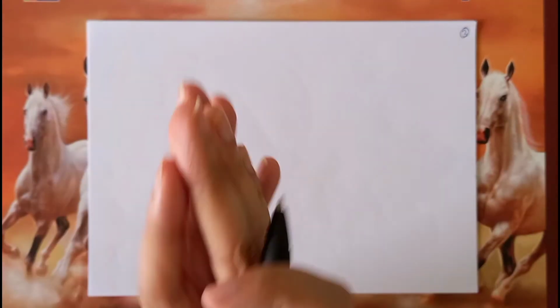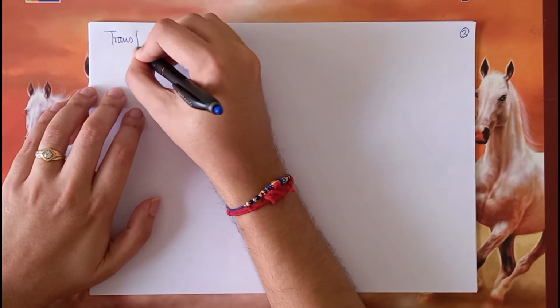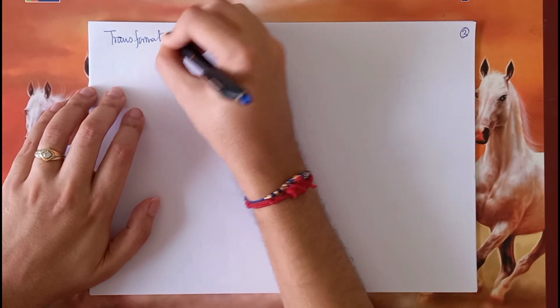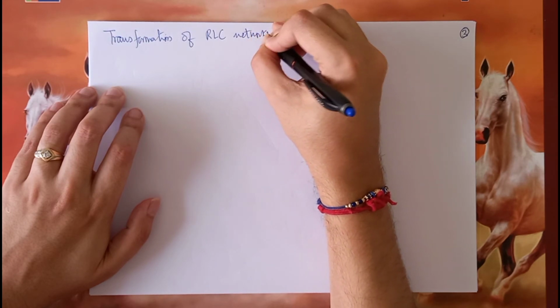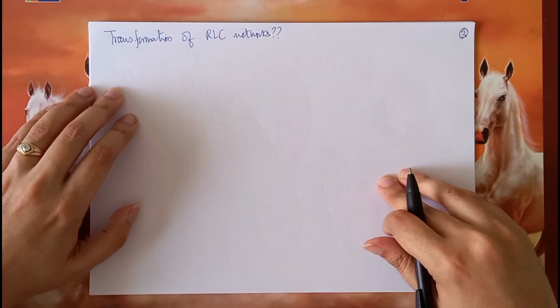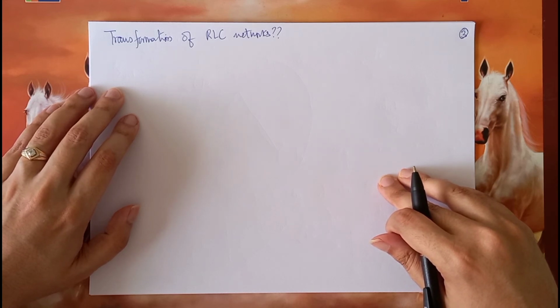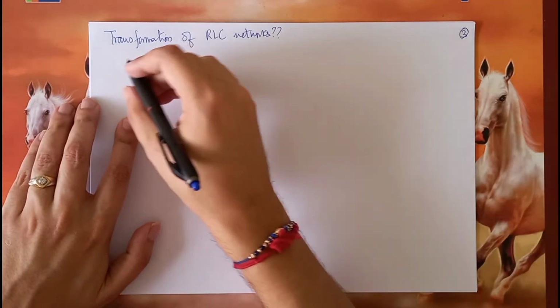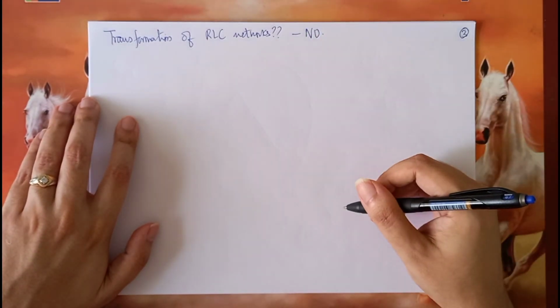So therefore, the question is, can these networks be interrelated, or can these networks be transformed into one another? Can we transform a series network into a parallel network, or a parallel network into a series network? Well, the answer is no, we cannot. And why not?